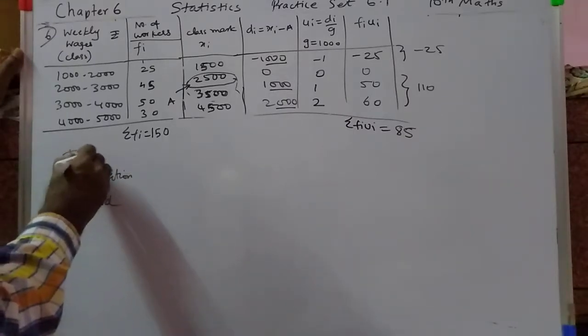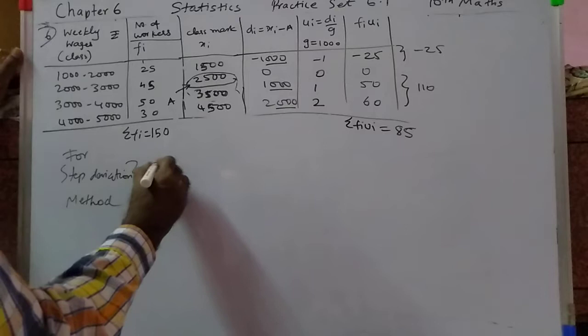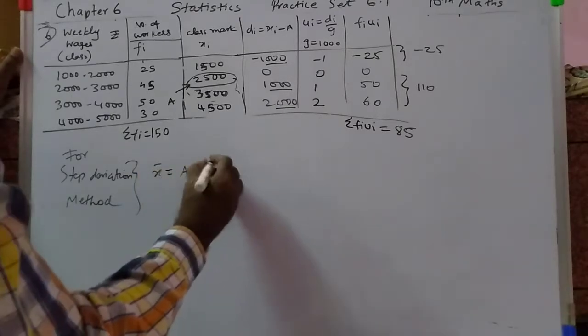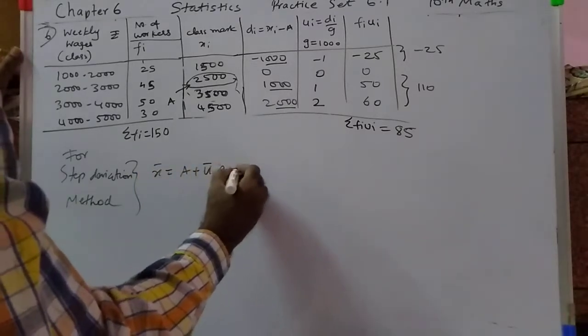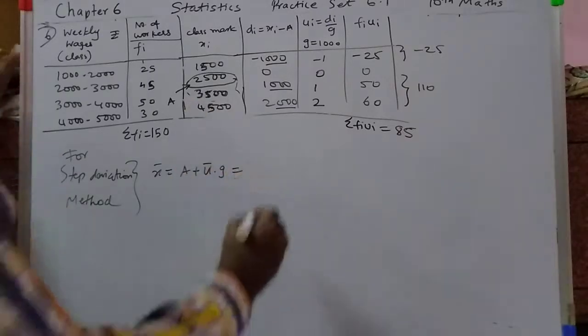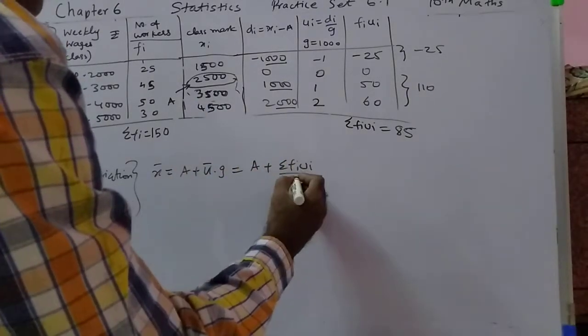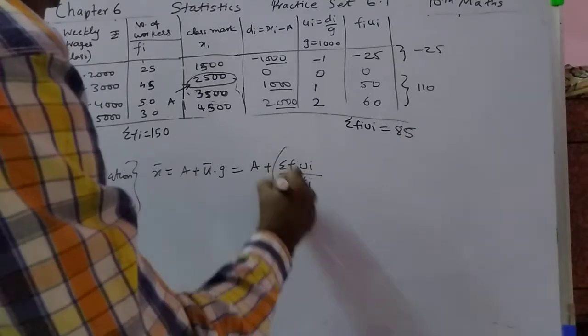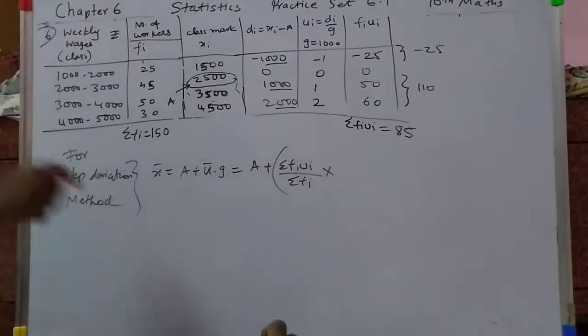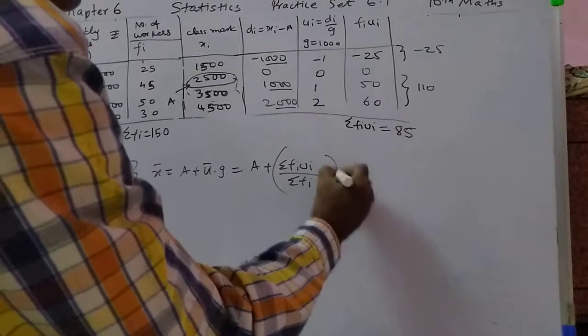Okay. So what is the formula? X bar is equal to A plus u bar into G. So that is A plus u bar is summation of fi ui upon summation of fi, into G is 1000.